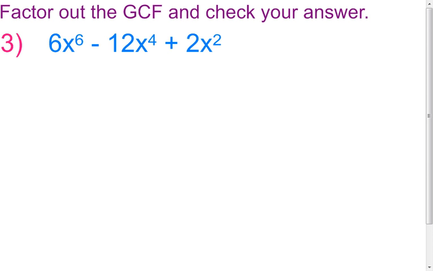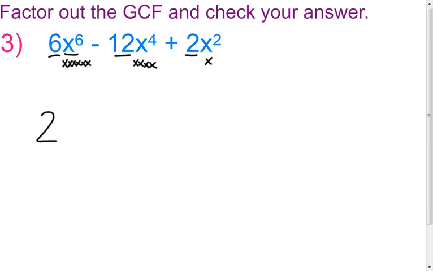Okay, so I'm first of all going to look at what's the biggest number that goes into 6, 12, and 2. The biggest number that goes into all of those is 2. Okay, so I can factor a 2 out of there. Then I'm going to look at my variables. So this one has an x to the 6th, so that's really 1, 2, 3, 4, 5, 6 x's. This one has 1, 2, 3, 4 x's.